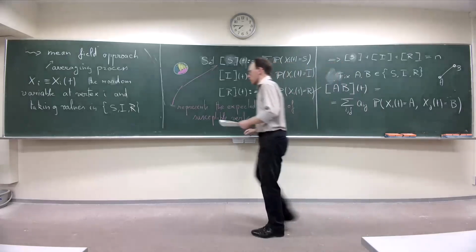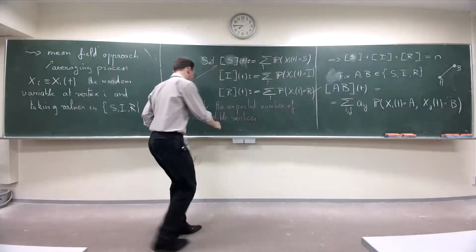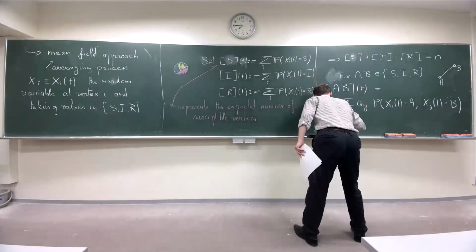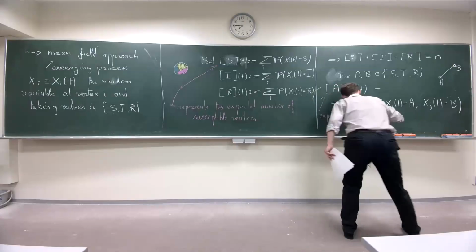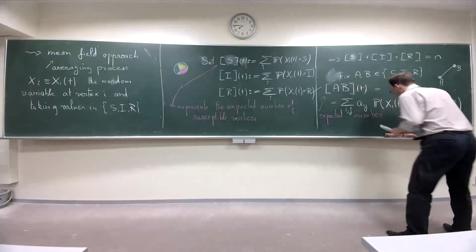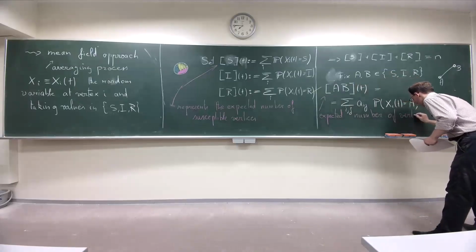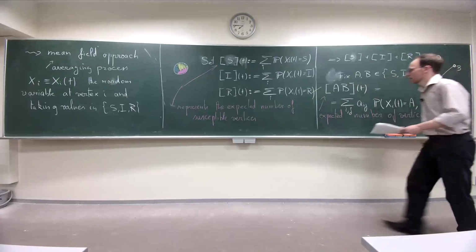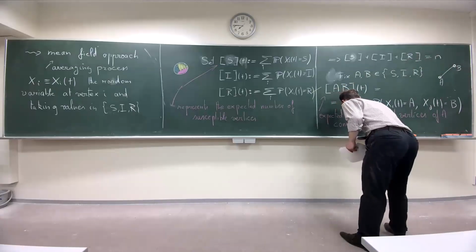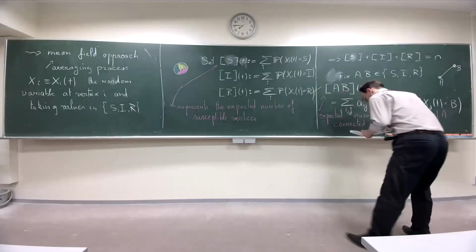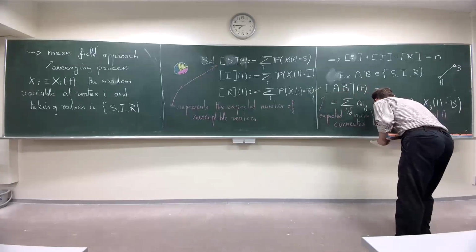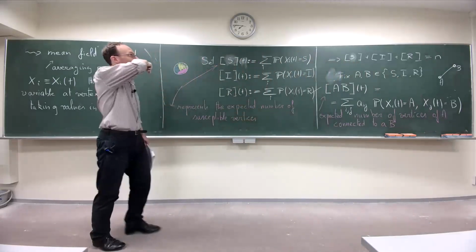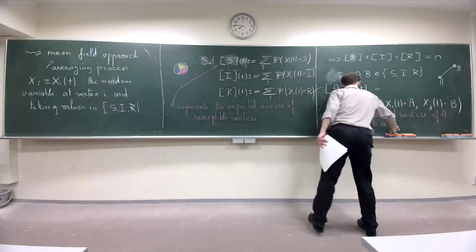So you can interpret this quantity as the expected number of vertices of type A connected to B. And the notion of connected is encoded into the adjacency matrix.